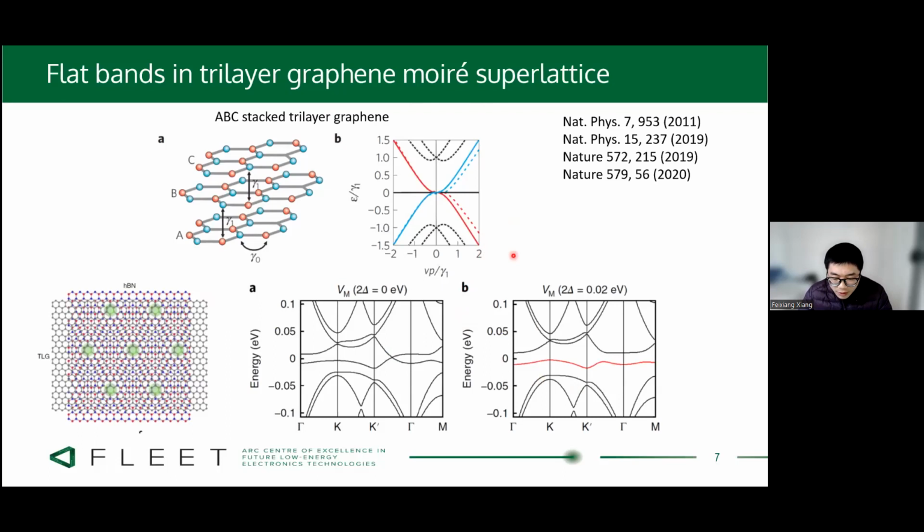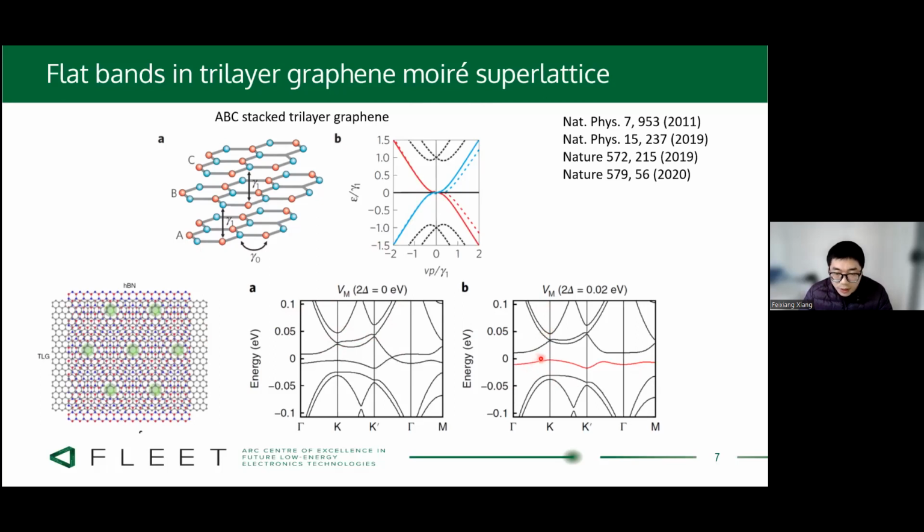In this case, the flat band results from a different mechanism, because for ABC stacked trilayer graphene, the band structure is very flat at the low energy regime, and the superlattice can open a gap and isolate a mini band by further tuning the electric field across the sample.